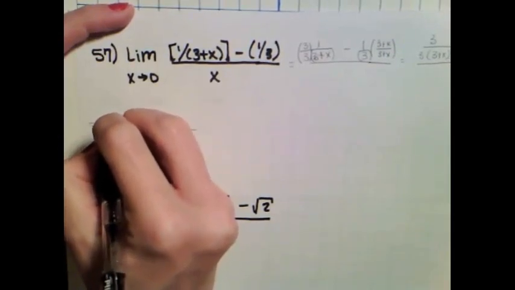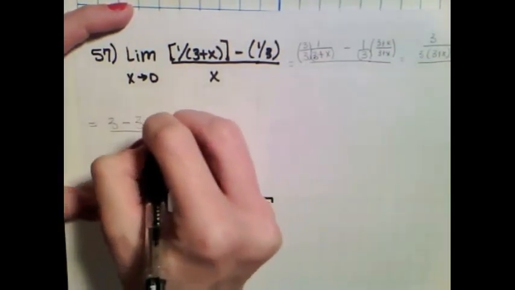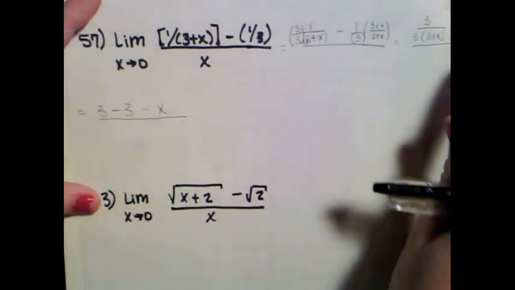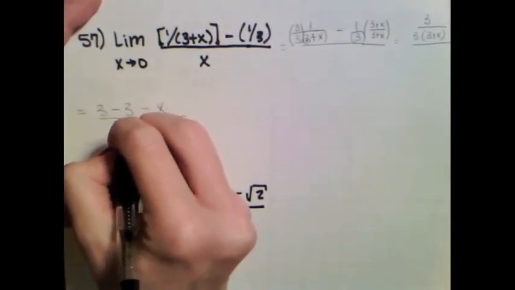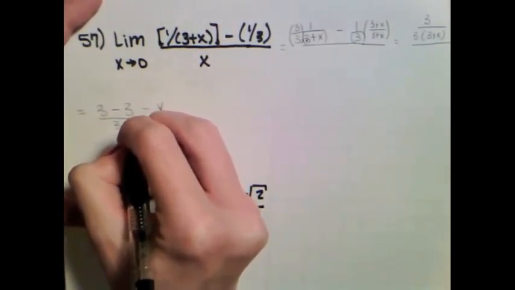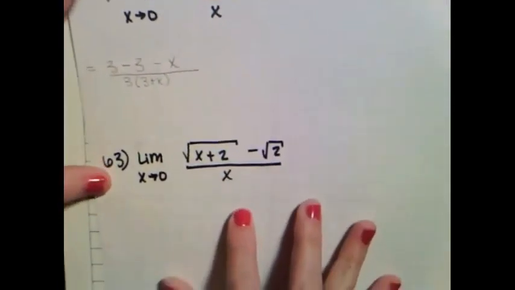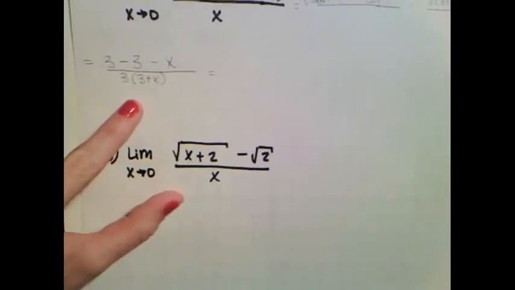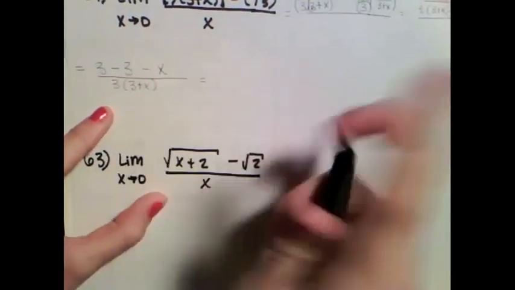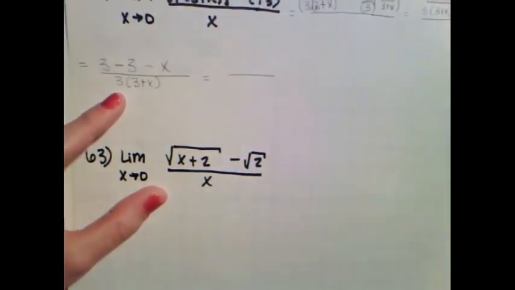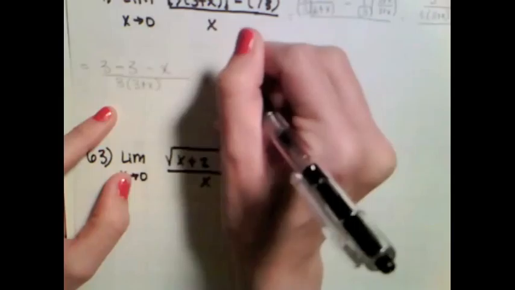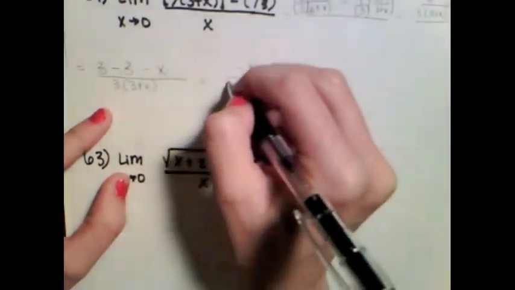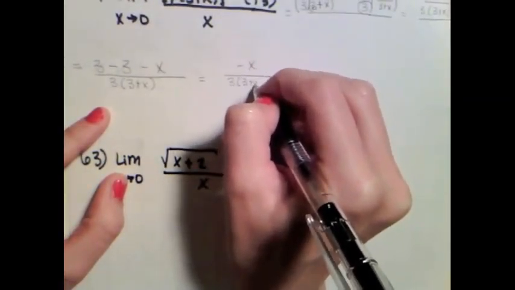This is going to be 3 minus 3 minus x, and that's all over my common denominator of 3 times 3 plus x. Just working with our numerator here. Let's simplify this now. We did some work to it, now let's simplify it. 3 minus 3 is 0, minus x. And then we have 3 times 3 plus x.